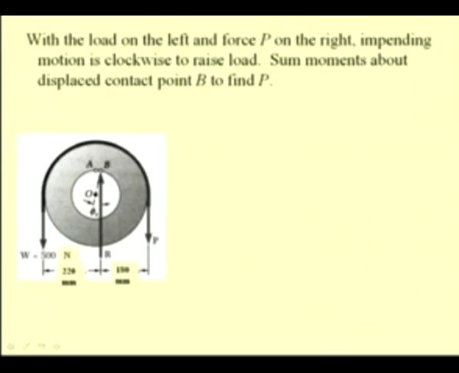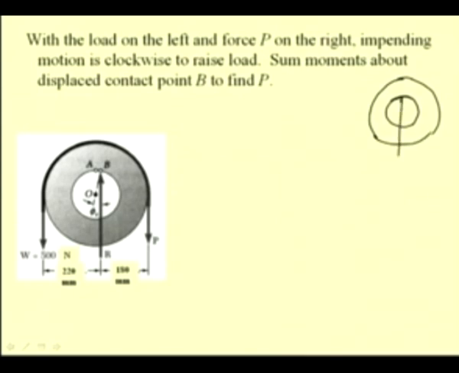So, the point of contact, which is originally at A, now shifts to B and it tends to slip at this point B. This can be understood by considering the analogy of the axle and the pulley.